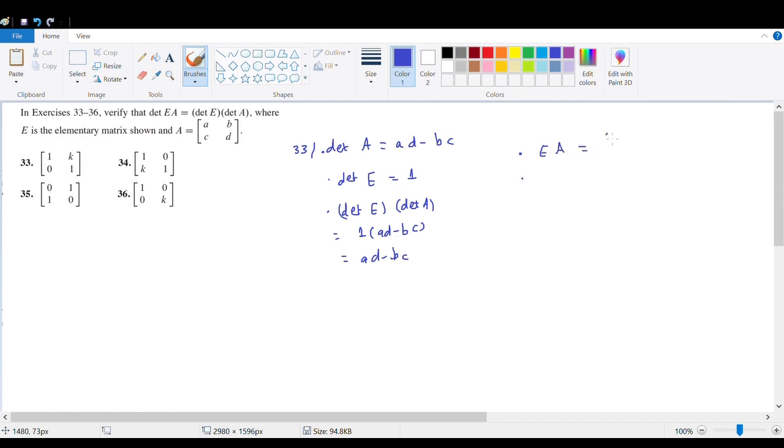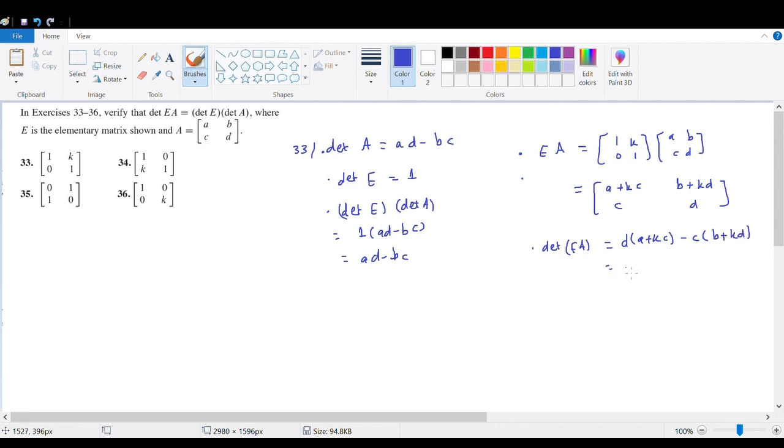So EA is equal to the matrix E, 1, 0, K, 1, and the matrix A is A, B, C, D. This will give us A plus KC, then B plus KD, and here C, this one is just D. So now the determinant of EA is equal to D multiplied by A plus KC, minus C multiplied by B plus KD.